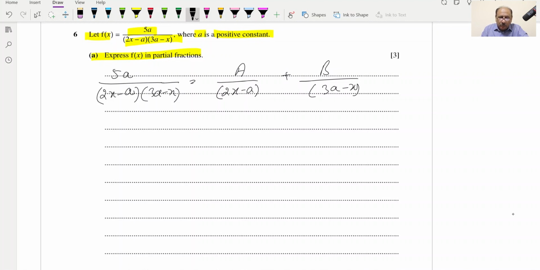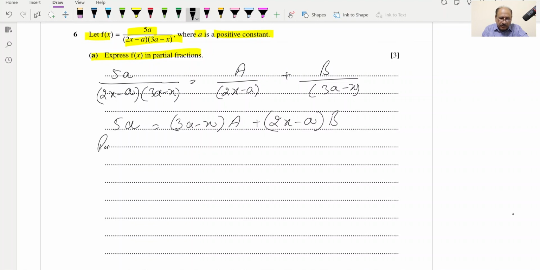We will multiply the whole equation by this denominator and we will get 5a is equal to 3a minus x into a plus 2x minus a into b. And now we can target this one to make it 0. We'll make this one first 0, so x will be equal to 3a.